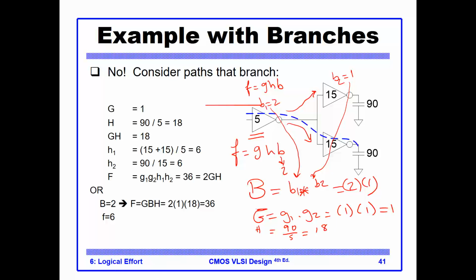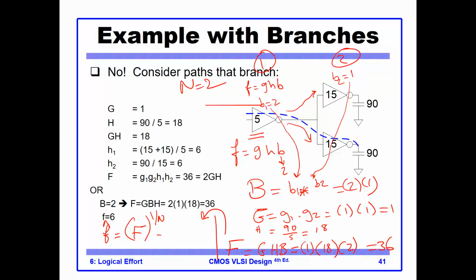Now for this particular path, the path effort is GHB, which is 1 times 18 times 2, which equals 36. Therefore the optimum F hat equals F raised to the power 1 over N. N here is 2 stages. So this is 36 raised to the power 1 over 2, which equals 6. So the optimum F hat equals 6.